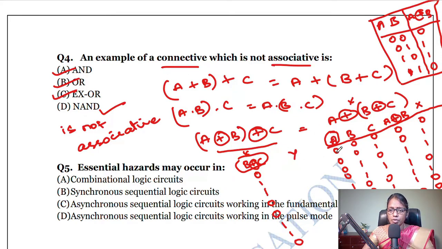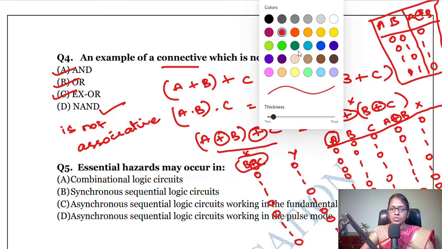So what is the output of Y? 0 0, the answer will be 0; 0 1 gives 1; and then the remaining values follow the same way.